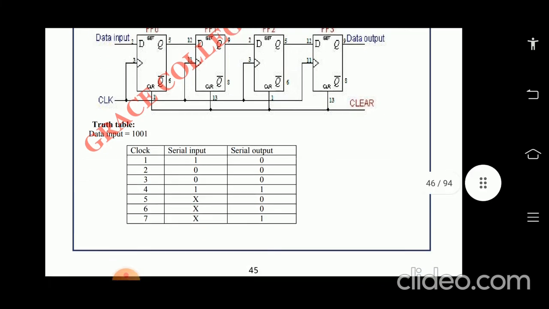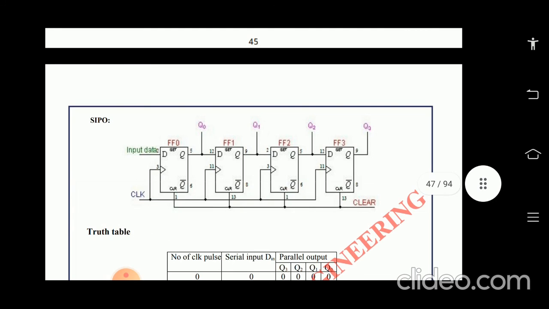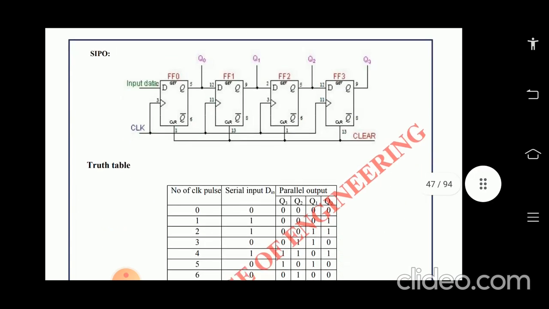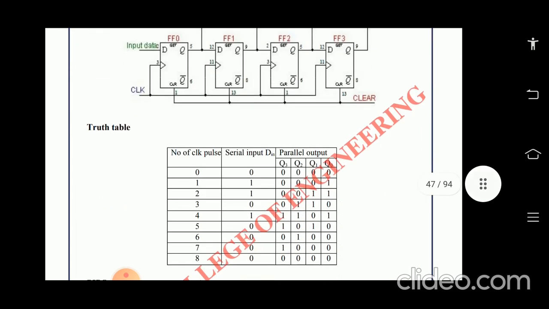Similarly, we have the circuit diagram for serial in and parallel out. This is the circuit diagram for it. Here also we have the truth table, and our input is in a serial manner and we get the output in a parallel manner.